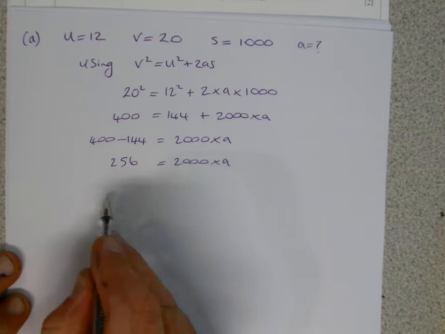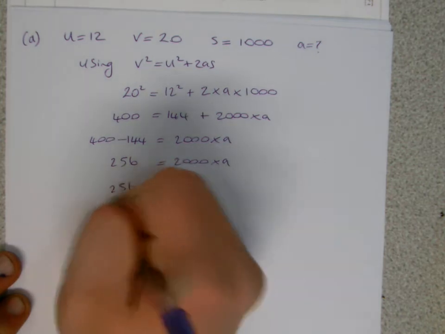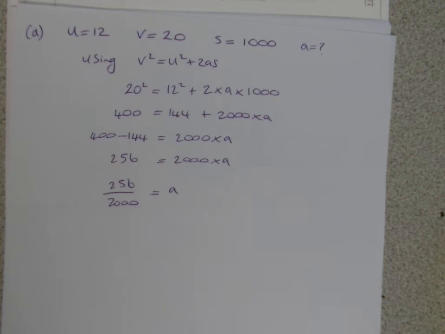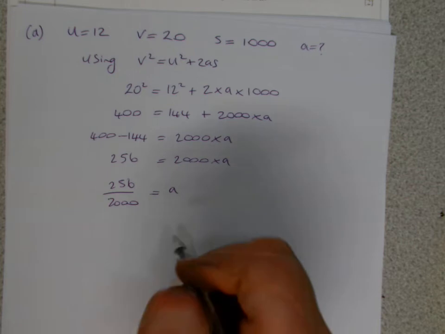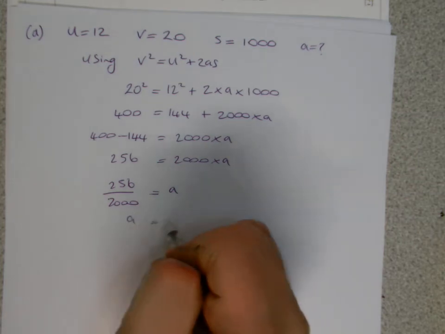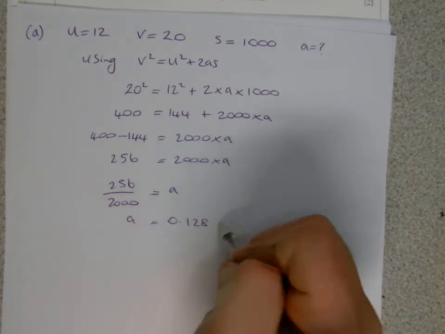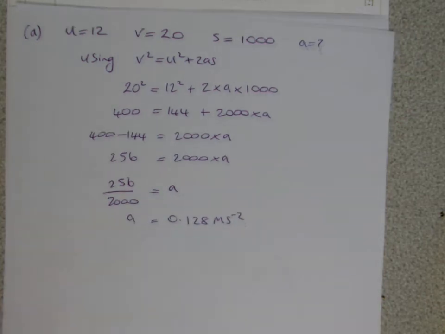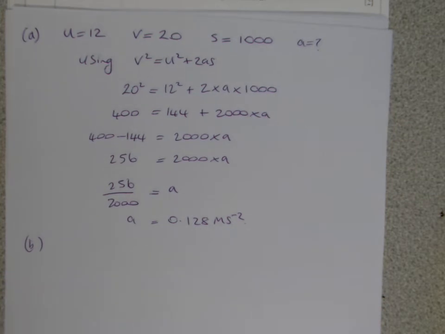And then of course you divide by 2,000 to get a. I'm going to check on my calculator, because we know what the answer should be. And indeed, it comes out to be 0.128 meters per second squared as asked.